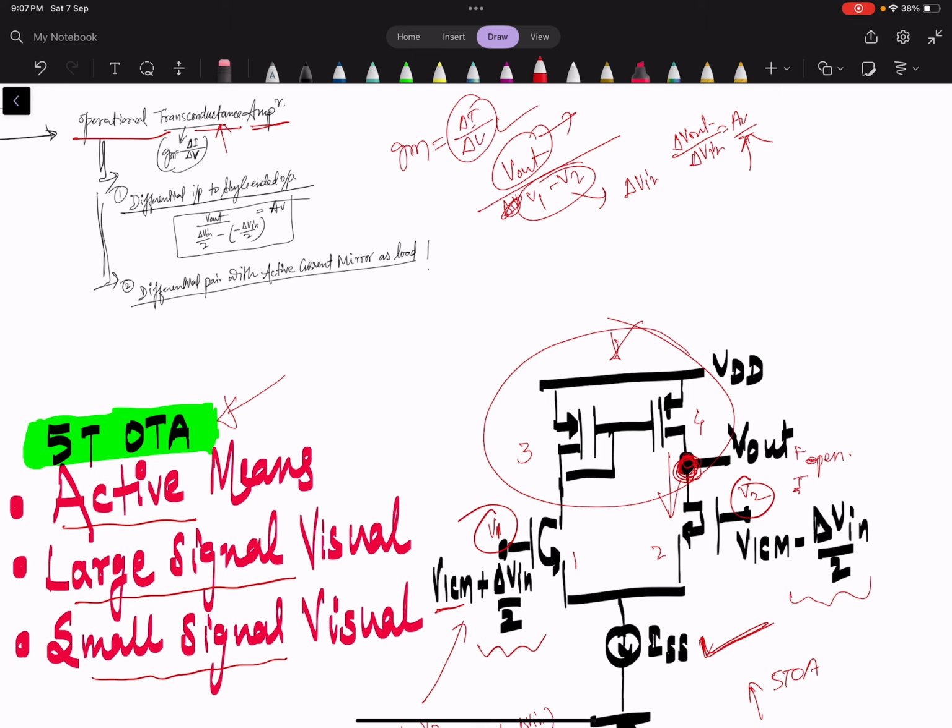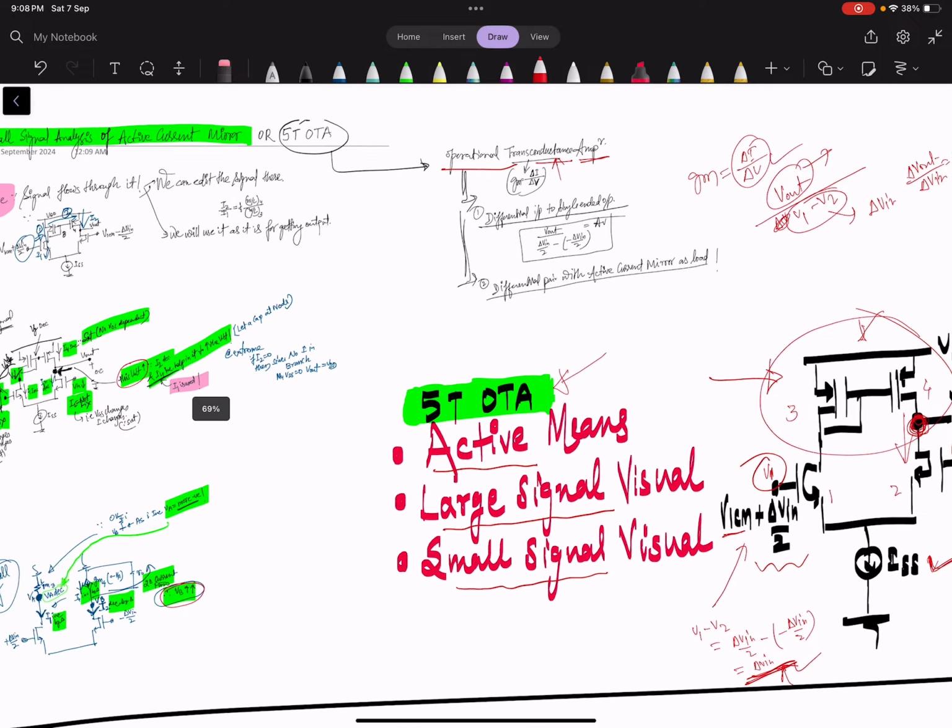Also, if you see here, this is a differential pair with a current mirror as a load, and this current mirror is called an active current mirror. So now let's see what active current mirror means.